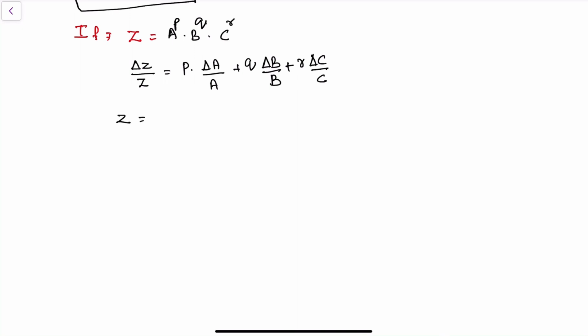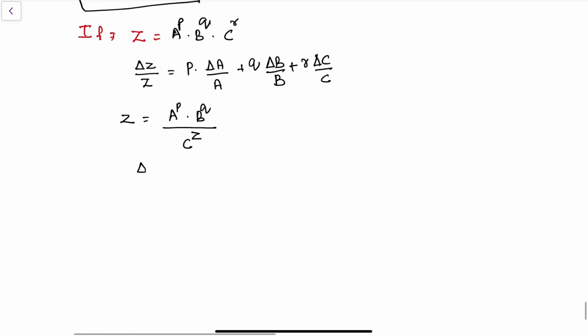Suppose you write it as a power p, b power q by c power r, let's say. Don't write a negative power for this one. Delta z by z is equal to p into delta a by a plus q into delta b by b plus r into delta c by c.